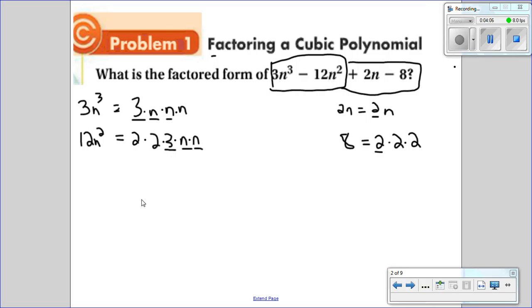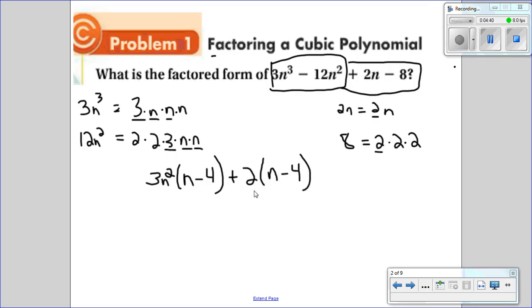So now this part becomes 3n squared. If we take 3n cubed divided by 3n squared, we are just left with an n. 12n squared divided by 3n squared becomes 4. Here we take a 2 out. 2n divided by 2 is just n, and negative 8 divided by 2 is negative 4.